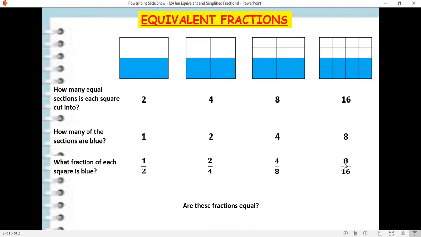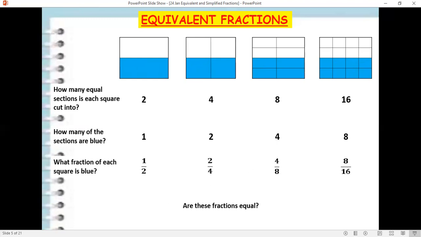These fractions are equal because the size of the shaded parts are equal in the same square. So if you could see here, it is half. And here, 2/4 means it's still half. Disregarding all the lines, it is still half, and half is shaded. So equivalent fractions are fractions with the same size or the same value.